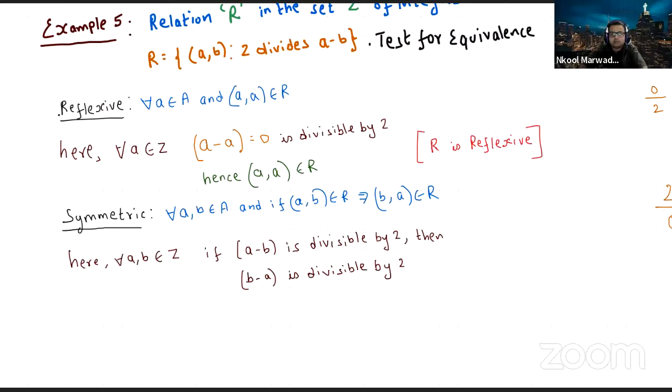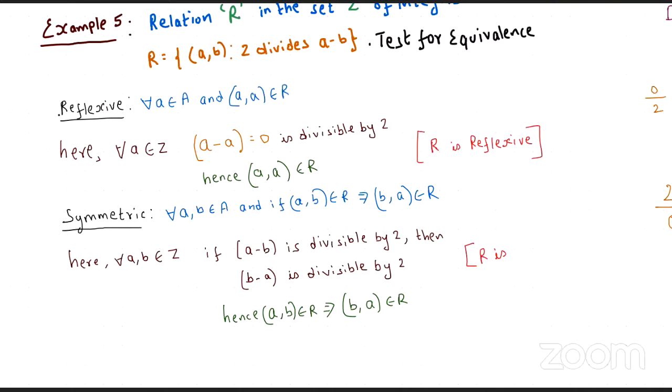Hence, A comma B belongs to R implies B comma A belongs to R, and I can say R is symmetric.